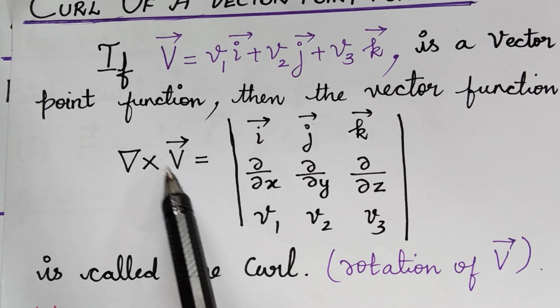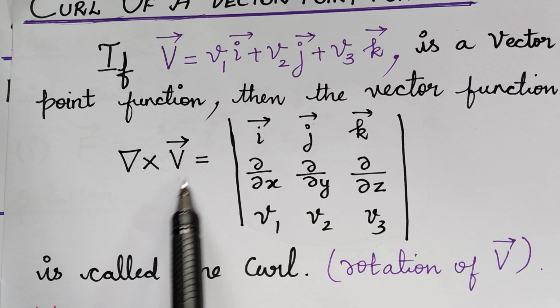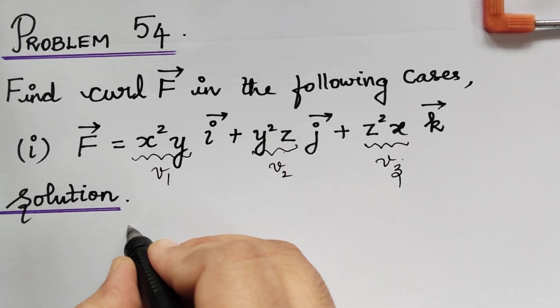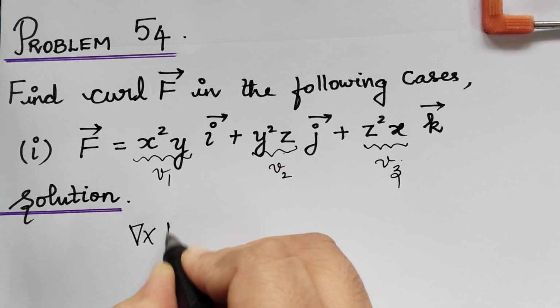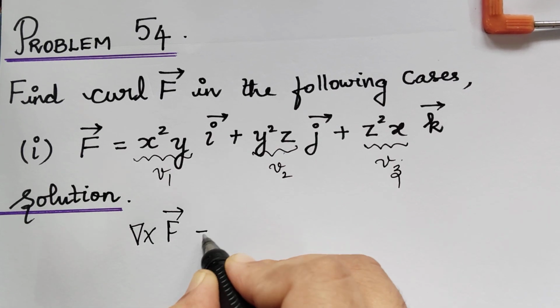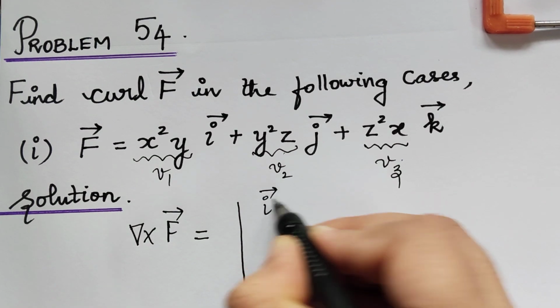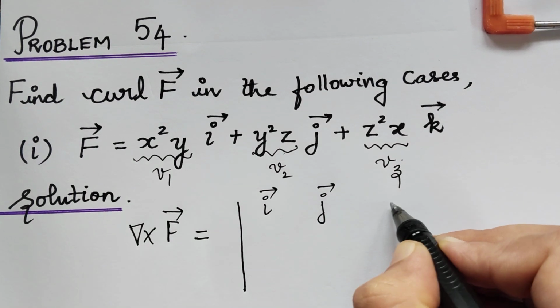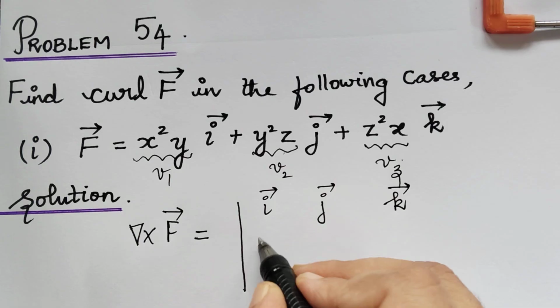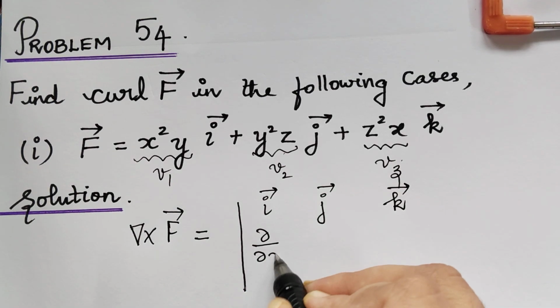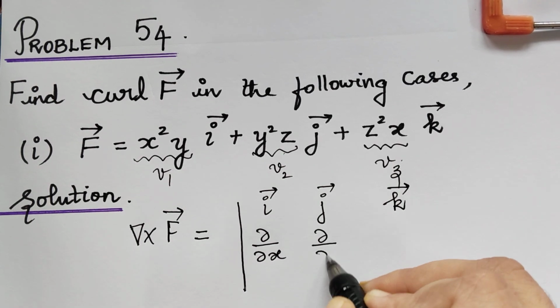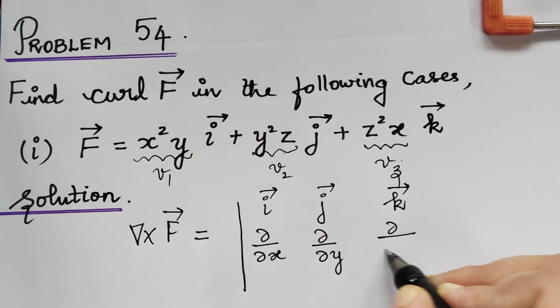So nabla cross f will be equal to the determinant where first we write i, j and k, and then ∂/∂x, ∂/∂y and ∂/∂z.